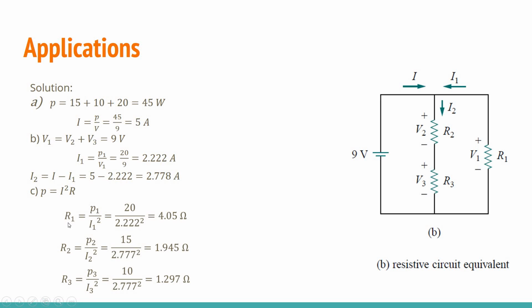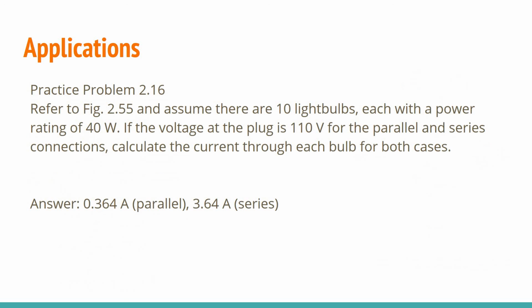Plugging in values, R1 is equal to 4.05 ohms. R2 is equal to 1.945 ohms. R3 is equal to 1.297 ohms. So, that's the solution for the problem.